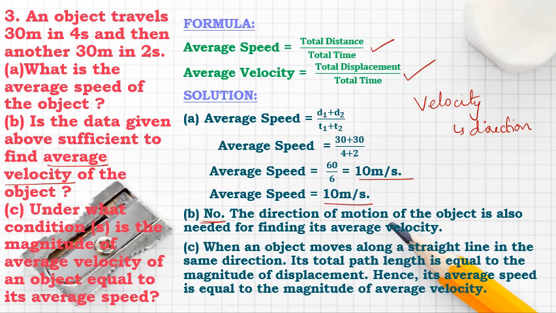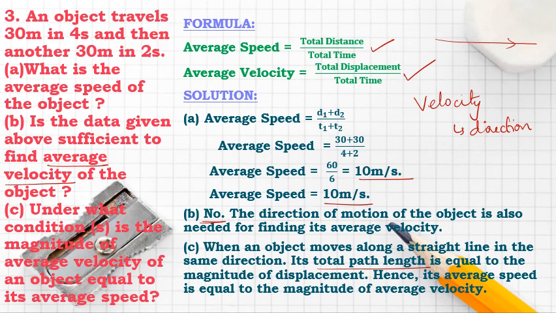Now what are the conditions for average speed and average velocity to be equal? Look at this clearly. When an object moves along a straight line in the same direction, then we can say that the total path length, that is the distance, will be equal to the magnitude of the displacement.